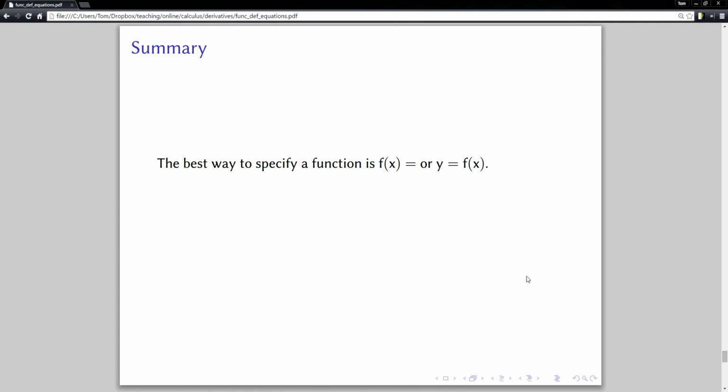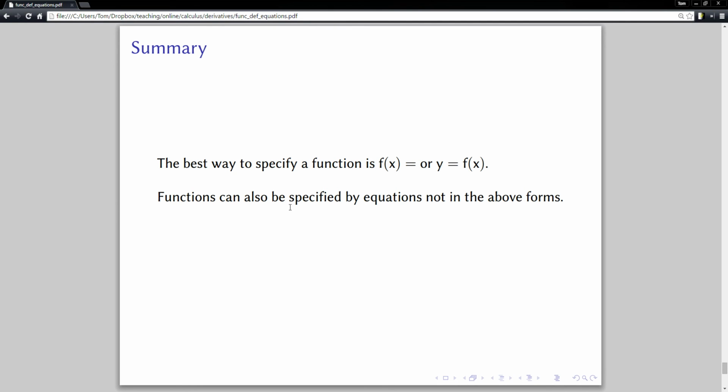The best way to specify a function is in the f of x equals or the y equals f of x format. That's by far the best way to describe a function. Nice and convenient. There's no question about whether it's a function or not. We know it's a function because it's specified in that manner. So that's great when they are specified that way.